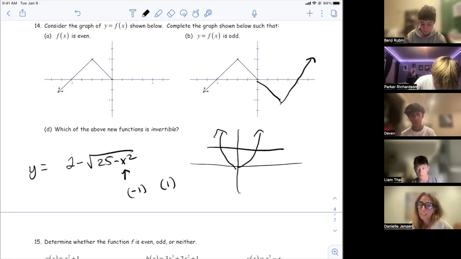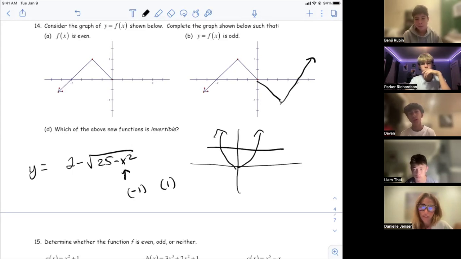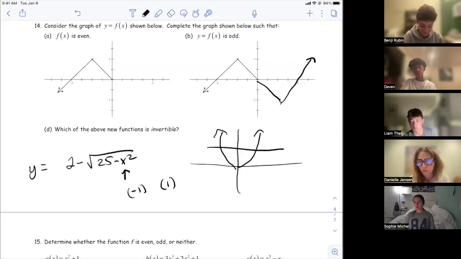By definition, that fails having an inverse, because having an inverse means every x value goes to a unique y value, so no other x value could go to that y value. Oh, so it doesn't pass the horizontal line test. It would not. I wouldn't expect you to know how to graph something like this, but anytime you see an x squared, there are many numbers where both the positive and negative of that number would give the same y value. So without restricting it, it wouldn't be invertible. Okay, got it. Thank you.